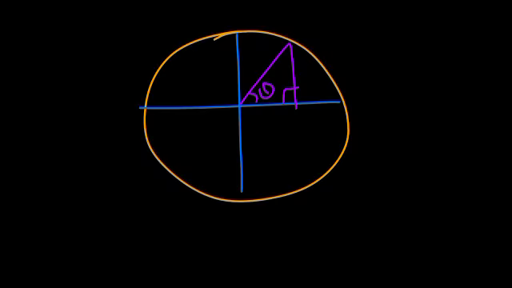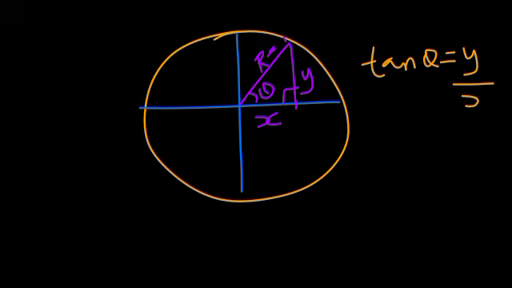We denote the opposite side by y because it is lying in the y-axis, and the adjacent side by x. The hypotenuse is the radius, which is equal to 1. Now for the ratios, tan theta, instead of opposite over adjacent, will be y over x.